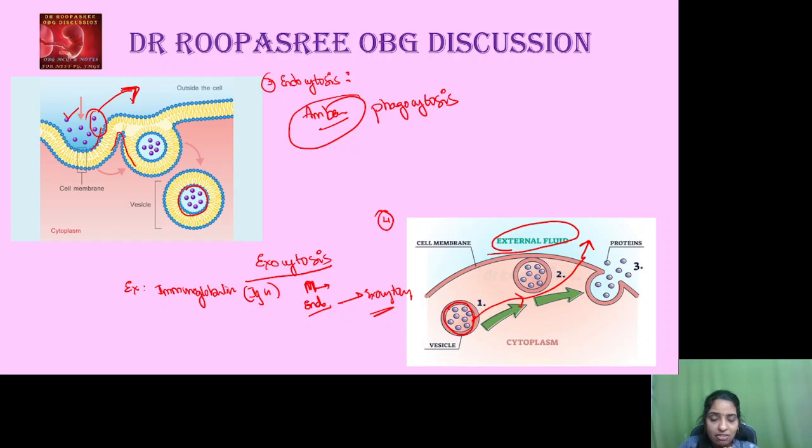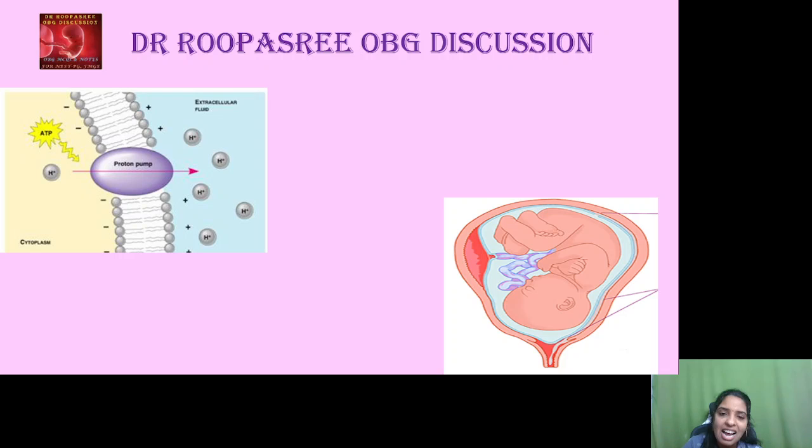So first we have learned simple diffusion, facilitated diffusion, endocytosis, exocytosis, and next is the fifth, active transfer. Active transfer means it is against the concentration gradient.